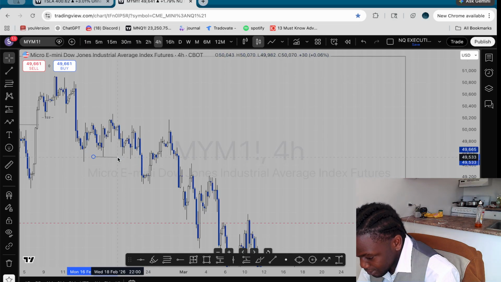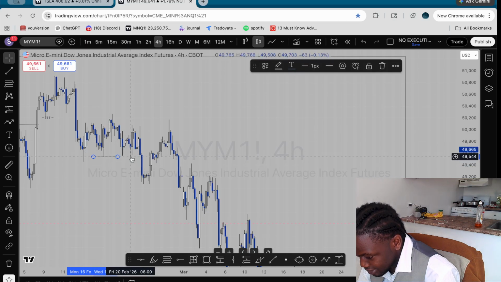Now what happens is what? Price comes out and takes it here. Price comes back and takes that low here. Immediately after taking that low, price trades into a gap.